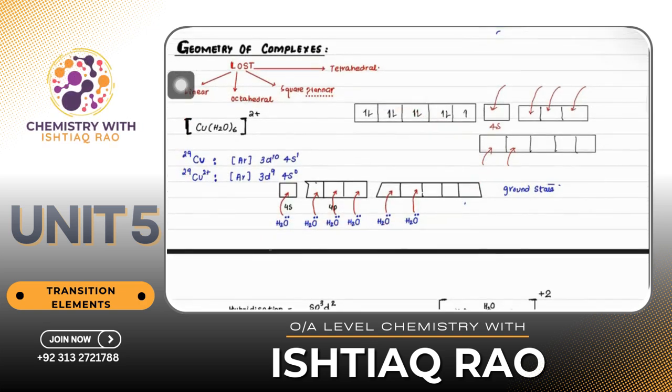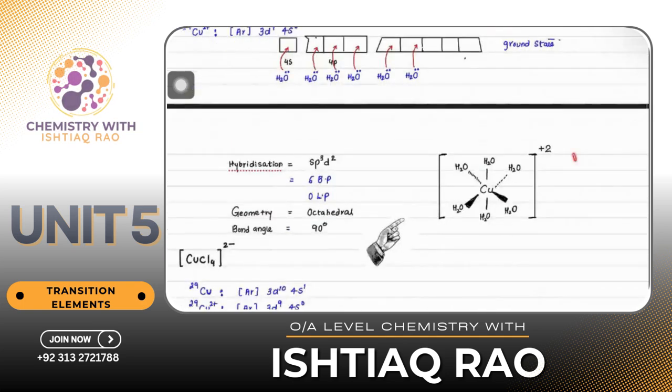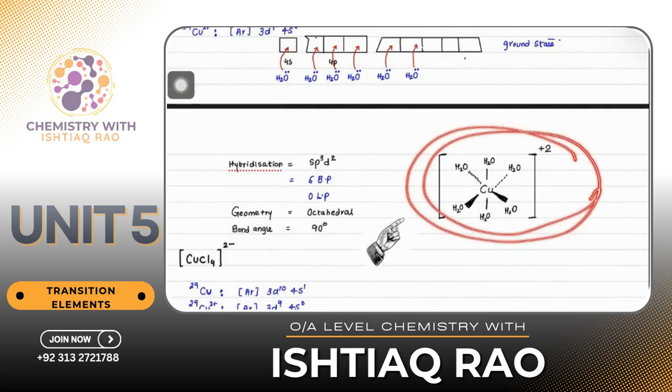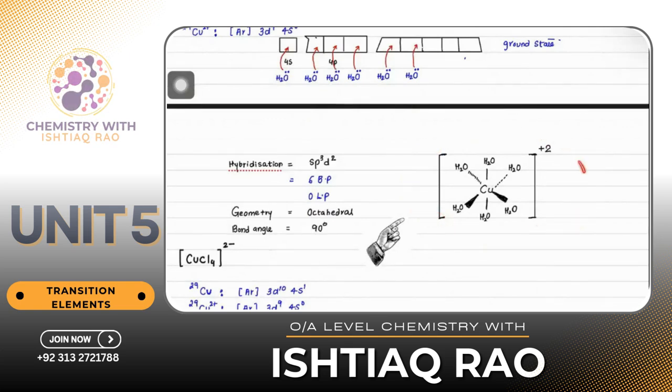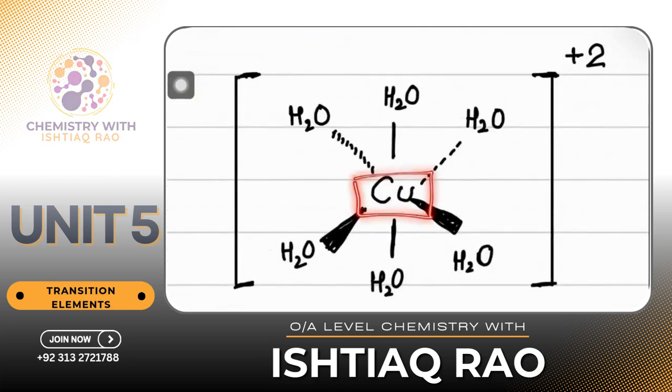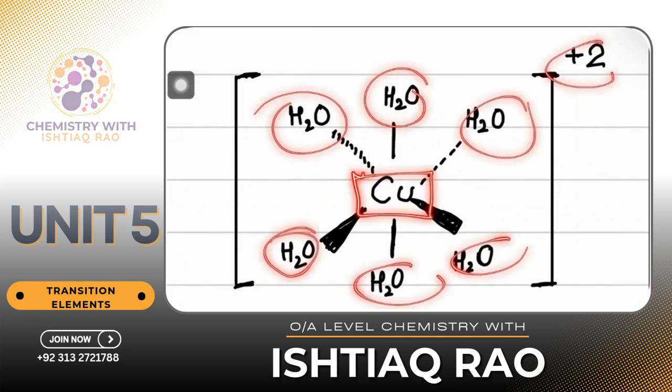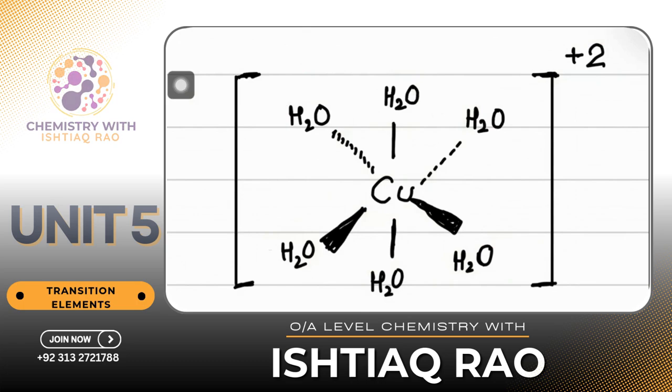If there are six ligands, we have to draw the shape of the complex just like that. This is called octahedral geometry, right? This is the metal cation and these are the six ligands. This is an octahedral shape in which the bond angle is 90 degrees.